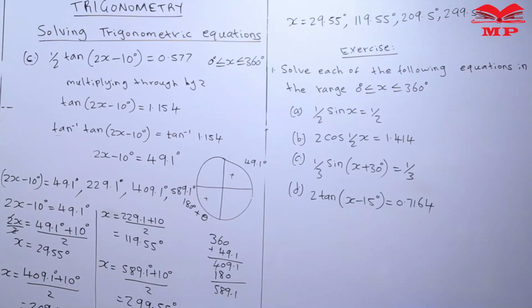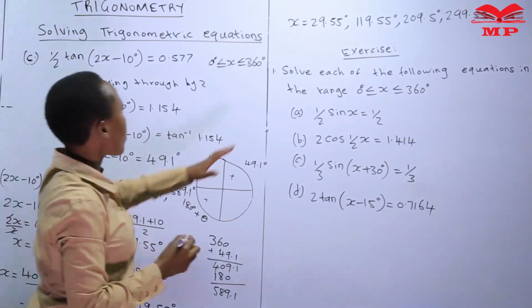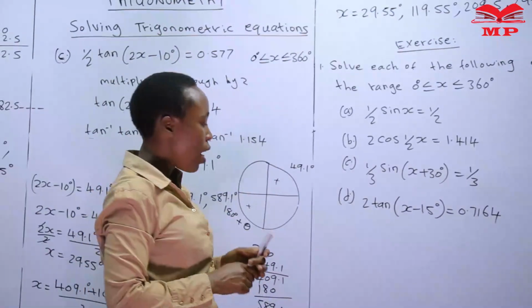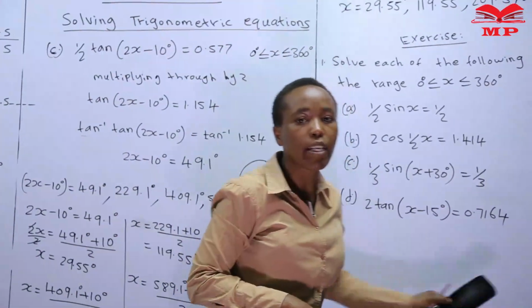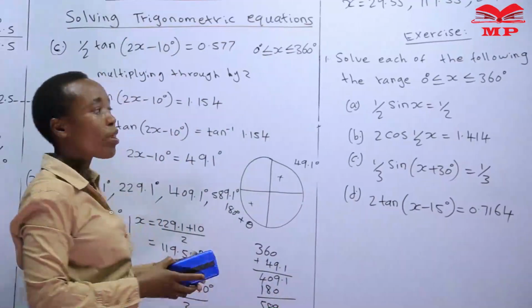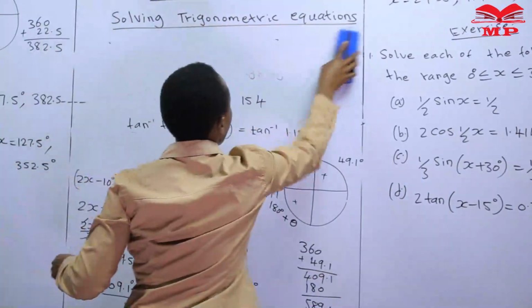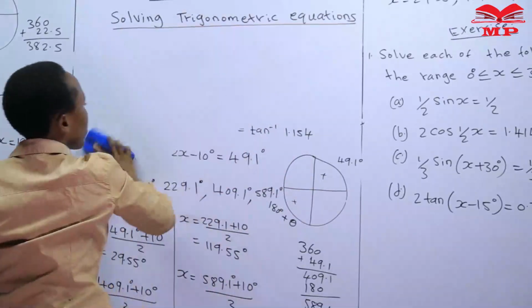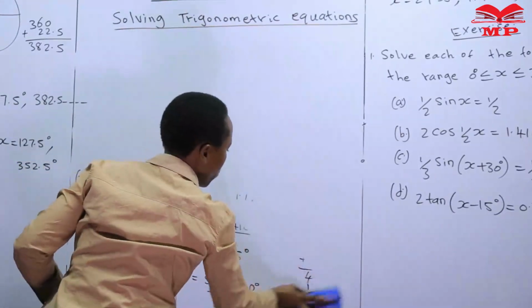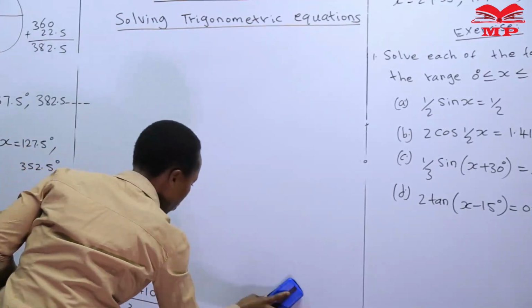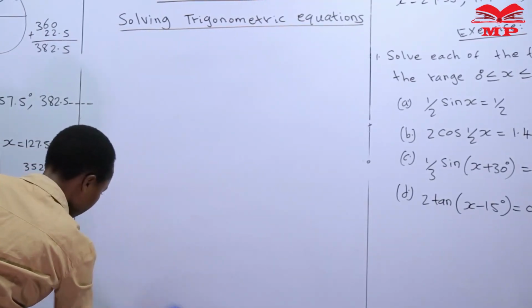That is one of the methods of solving trigonometric equations. And I would like to explain briefly the second method of solving trigonometric equations, because we have already plotted so many graphs and therefore this will be very easy.